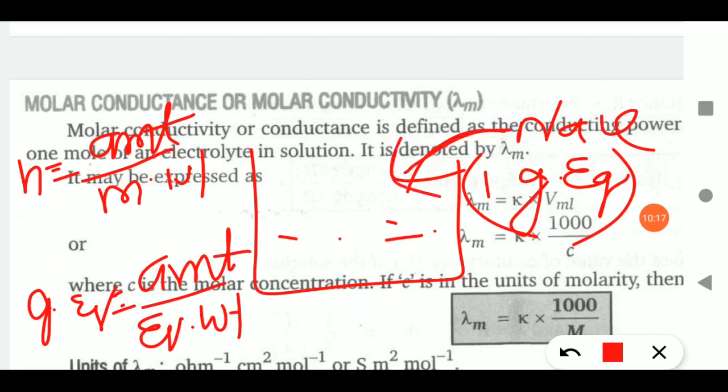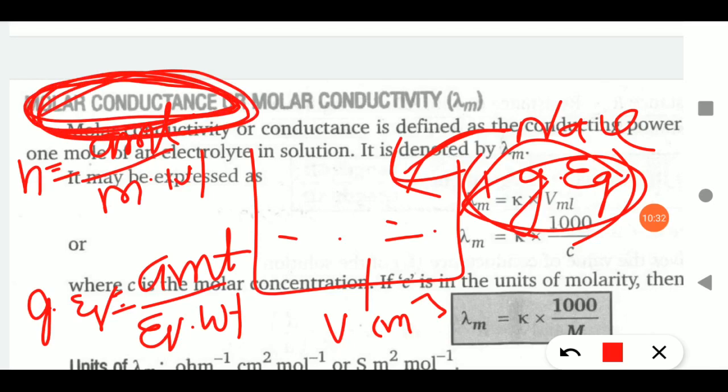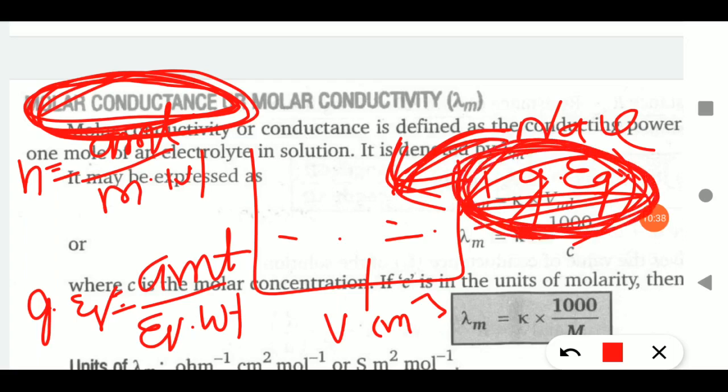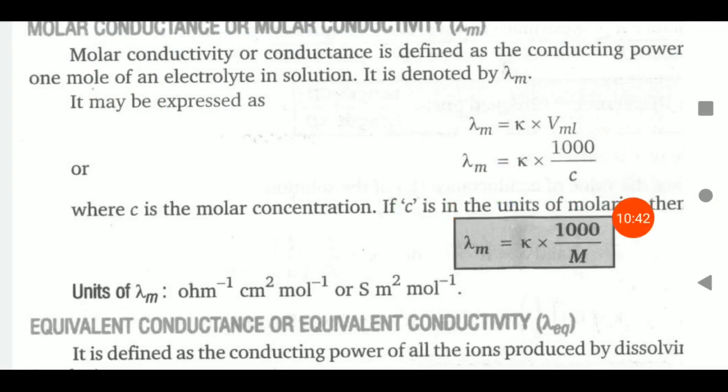So if 1 gram equivalent is present in V centimeter cube of solution, then it is known as equivalent conductivity. What is the difference between molar conductance and equivalent conductance? In molar conductance we take the conductance of 1 mole, and in equivalent conductance we take the conductance of 1 gram equivalent.